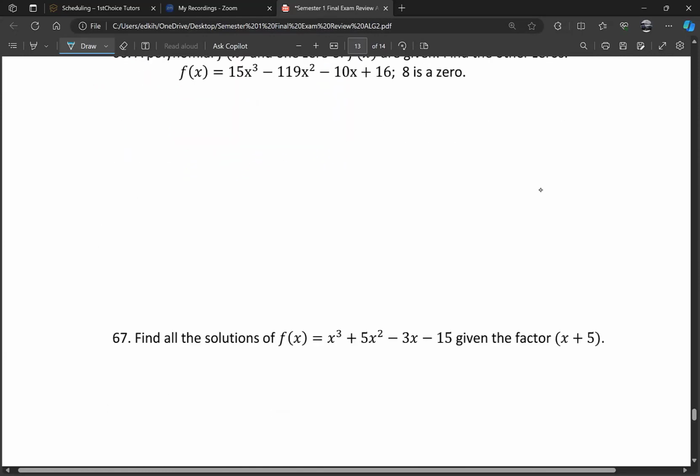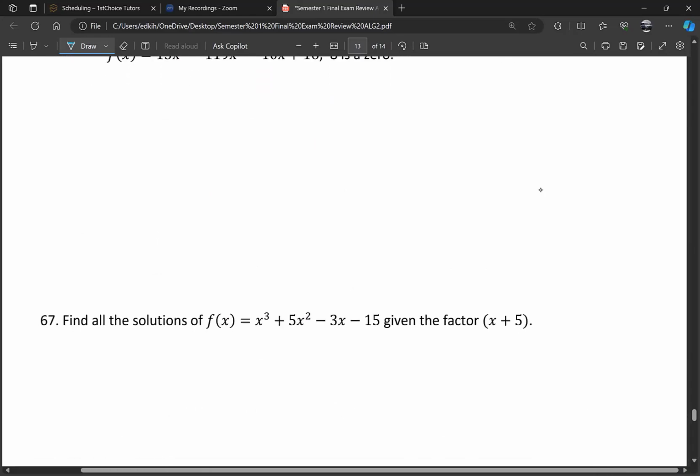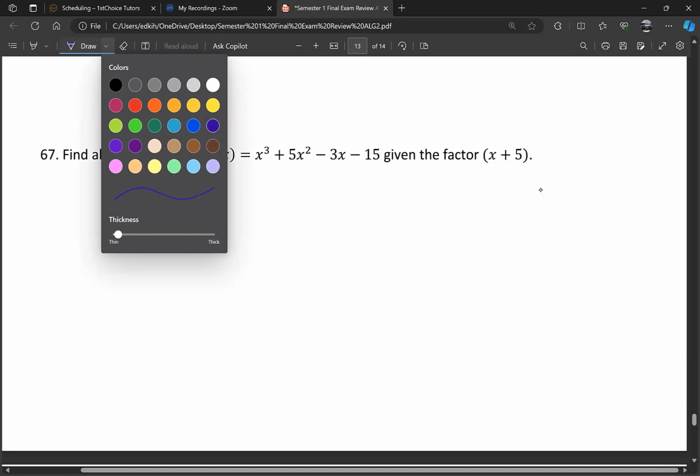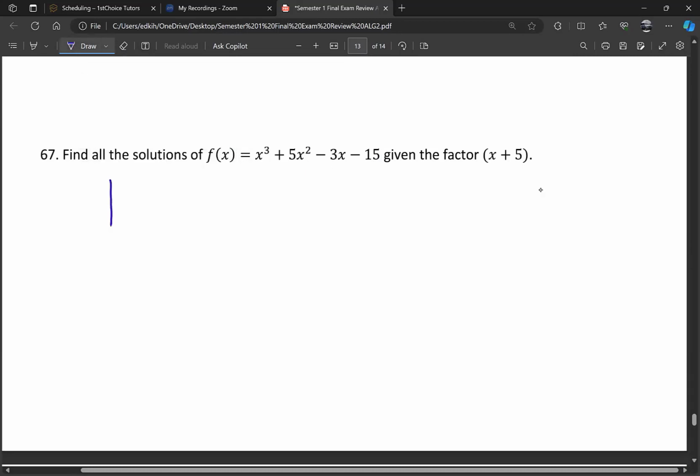Okay. The next portion is asking you to find all the solutions of this equation given that x plus 5 is a factor. Sure, not a problem. Here's what you do, folks. You start off by using synthetic division. So we put in -5 out here because of this. Then the coefficients are 1, 5, -3, -15.